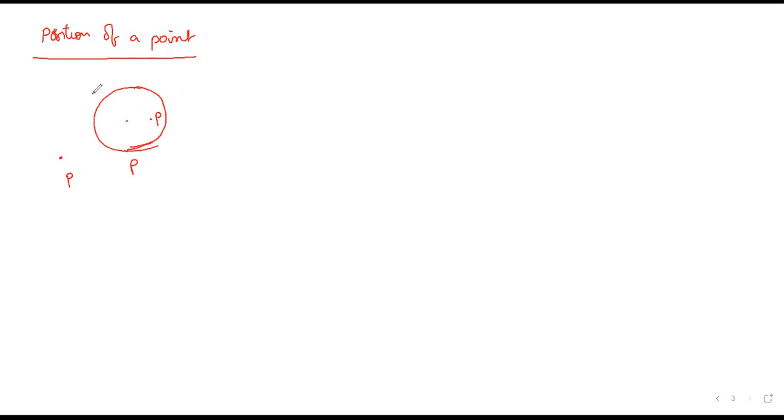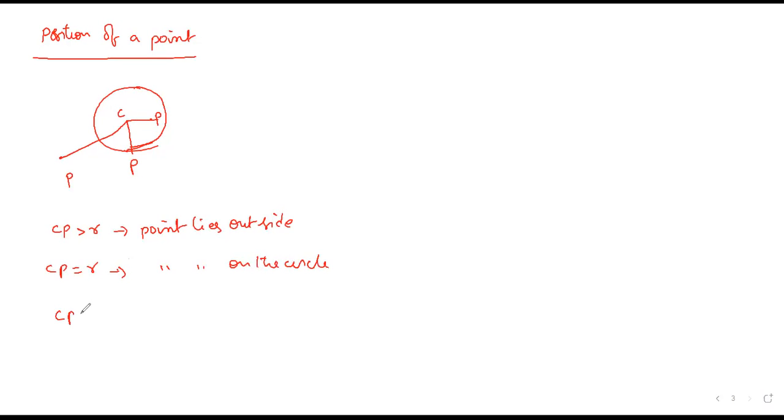So to find the position of the point, you have to find the distance from the center to the given point, the distance CP, and compare it with the radius. CP greater than R means the point lies outside the circle, CP equals R means the point lies on the circle, and CP less than R means the point lies inside the circle.